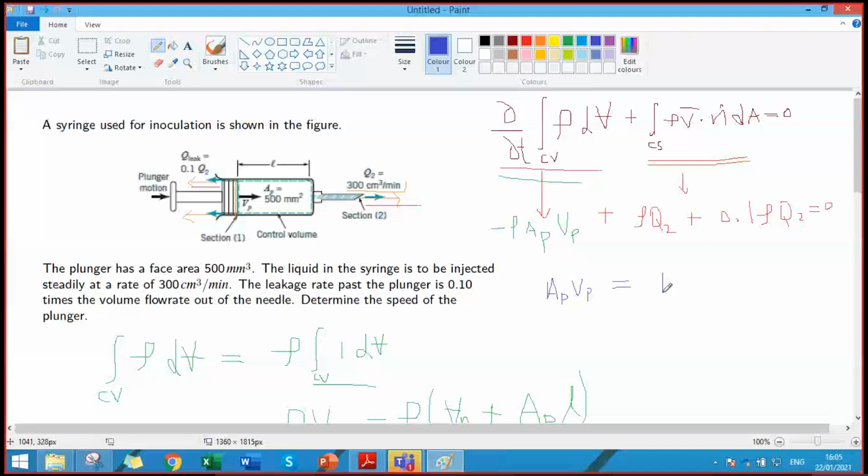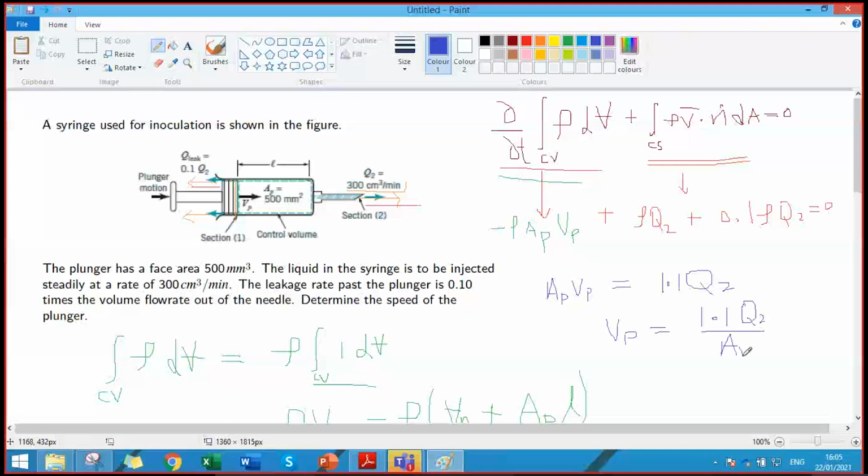Or vp would be equal to 1.1 times Q2 divided by AP, which is the required parameter from the question. vp was to be calculated. So we have developed the equation for calculation of vp. We know Q2 and we know AP. We'll just plug in the values and we'll get the answer. Clear?